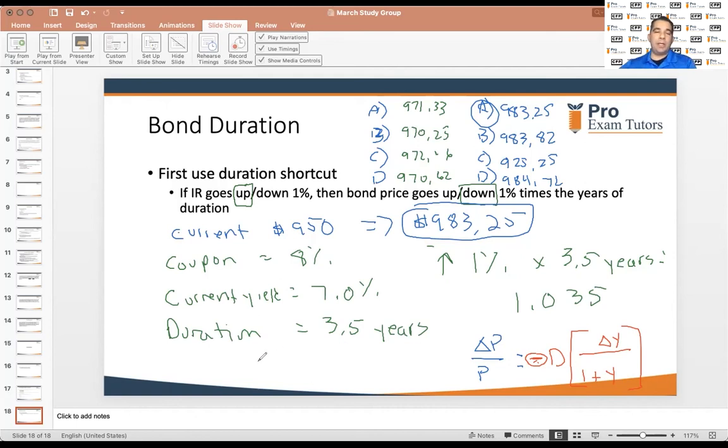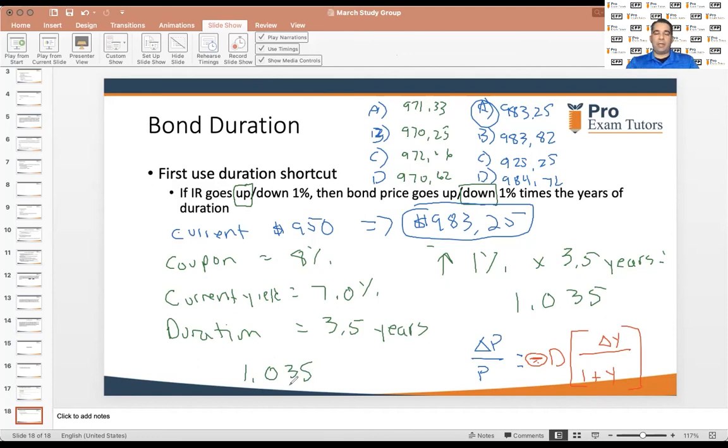And the easiest way to do that is to take 1, which represents 100% of the price, and increase it by 3.5%. You could also do 950 times 0.035, which is $33.25, and then add it to 950 to get 983.25.